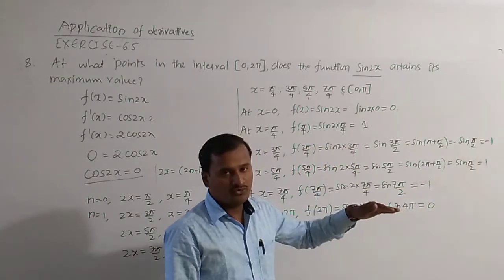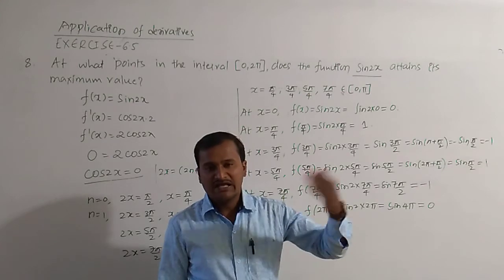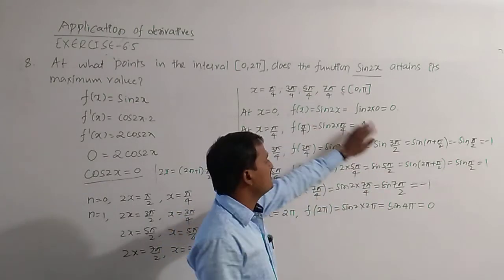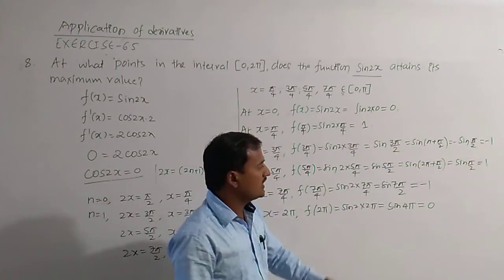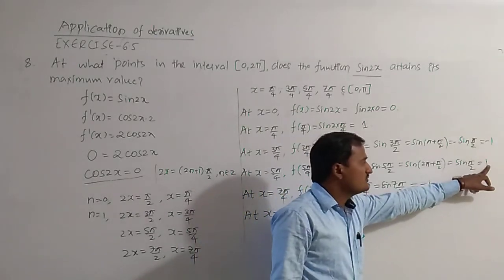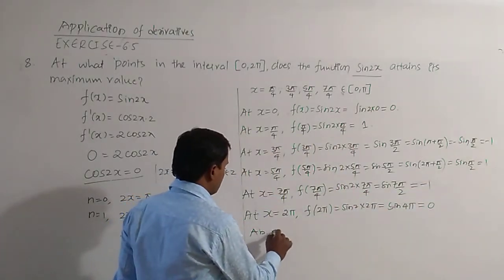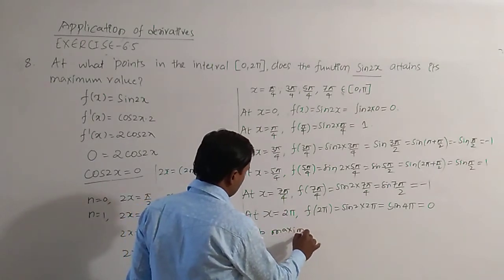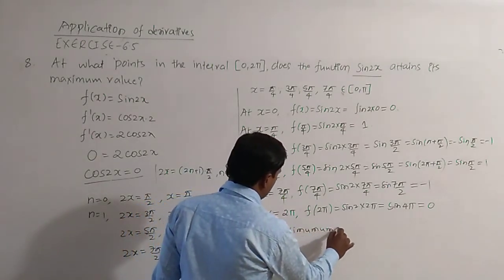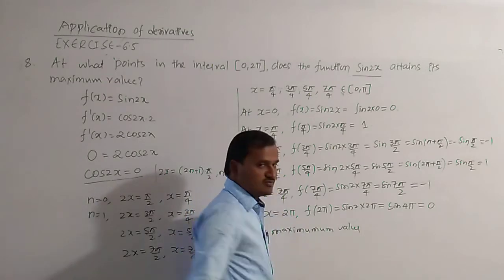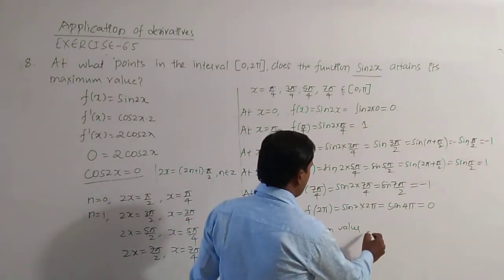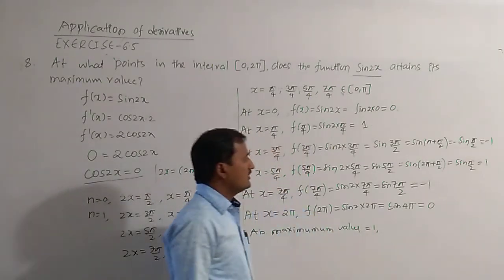Now you have to write the maximum in this interval, means absolute maximum. You have to write which one is the maximum. So clearly 1 is the maximum. So therefore we will write the absolute maximum value, that is equal to 1. At how many points?